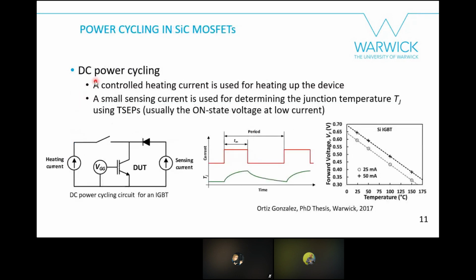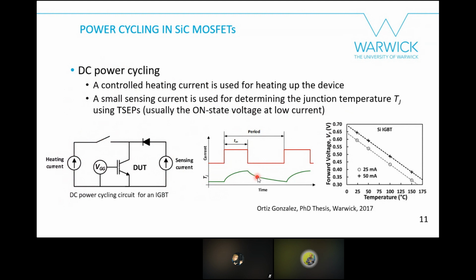So this is just a brief reminder of DC power cycling, which is widely used, but I just want to make a brief description. So in DC power cycling, you use a controlled heating current to heat up the device. So when the auxiliary device is on, a heating current increases the junction temperature, and then you use a small sensing current for determining the junction temperature using TSEPs, which is usually the on-state voltage at low current.